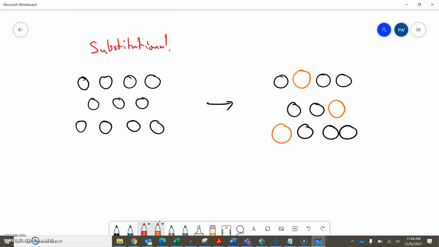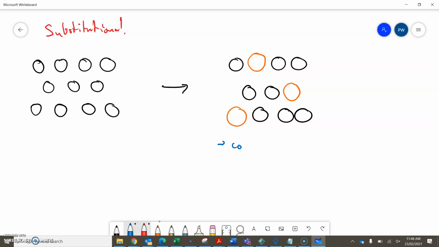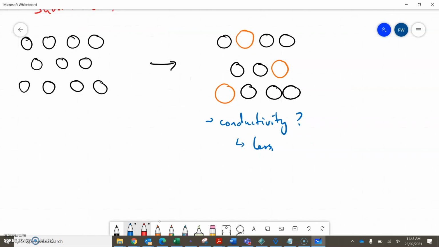What do we think with a substitutional alloy? What do we think in terms of conductivity? Is a substitutional alloy likely to be more or less conductive than the original metal? Less. Why? Have a guess. You've got your 50-50. It is less conductive. What does it mean for a substance to be conductive? Not what must it have, what does it mean? Particles can flow freely.